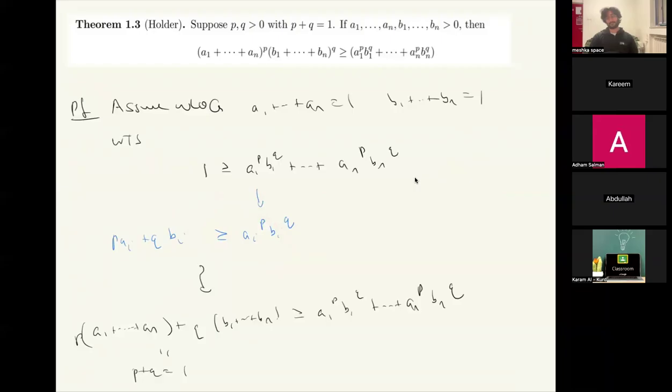When for all I, A sub I equals B sub I. So the equality case is AI equals BI. In particular, the A's can all be different from each other, and the B's can all be different from each other. We just need them to be equal. But now I'll say one thing.